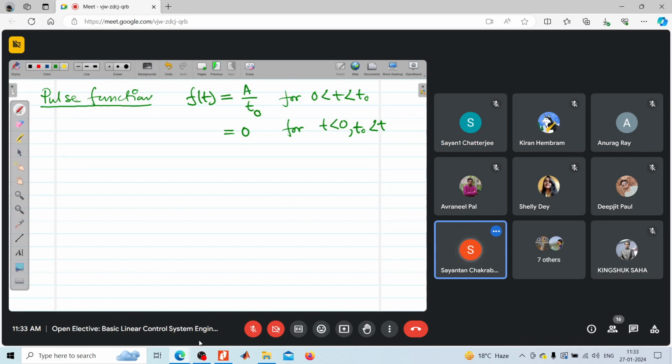So this is a typical pulse function, right?